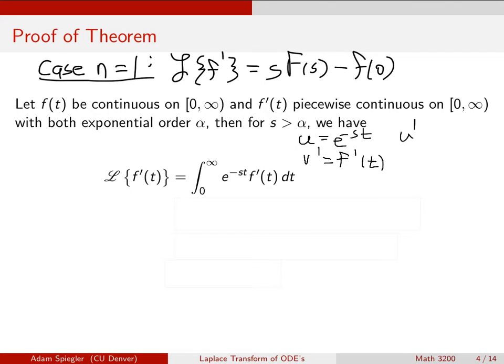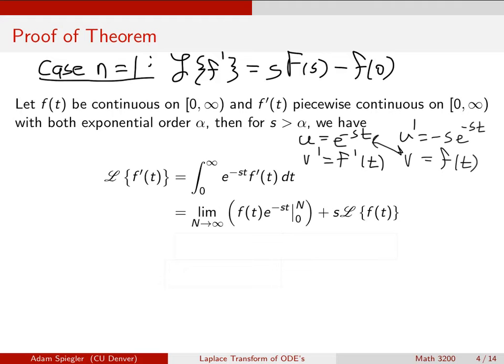Then u prime in this case would give us minus s times e to the minus st, and v would be the integral of that, which would be f of t. And so now by integration by parts, we're going to get u times v, and that's this term over here.